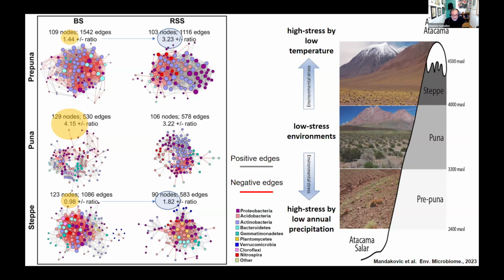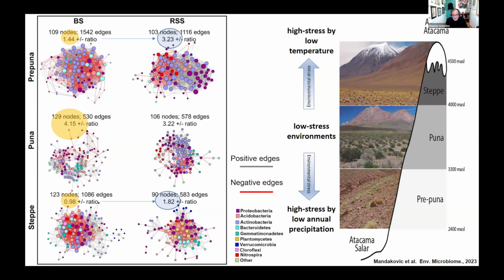For example, at pre-puna, the positive to negative ratio increased from 1.4 to 3.2. Also, at the steppe, the positive to negative ratio increased, suggesting that positive or negative interaction may be context dependent.